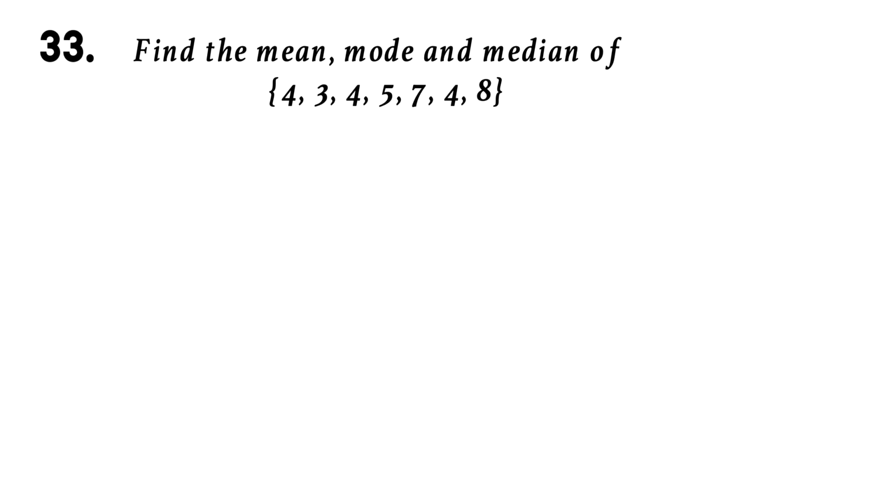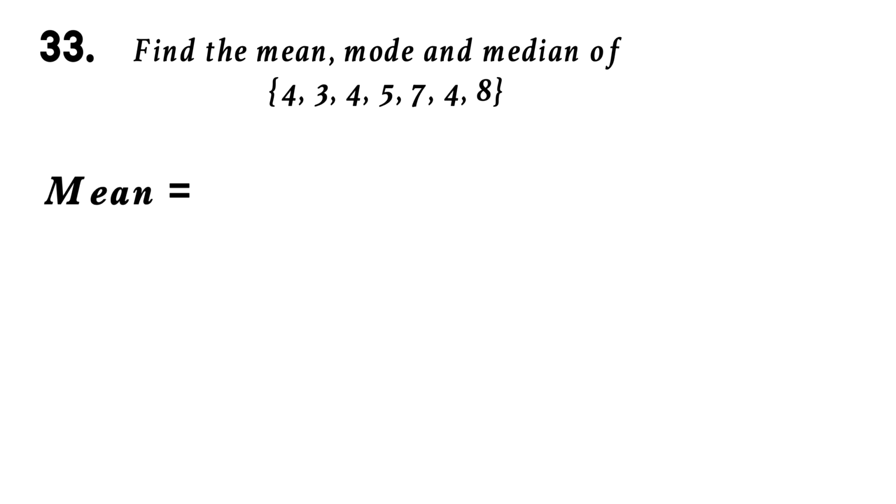Question 33. Find the mean, mode, and median of 4, 3, 4, 5, 7, 4, 8. Finding the mean is the same as finding the average. We will add all the values and divide it by the number of values.